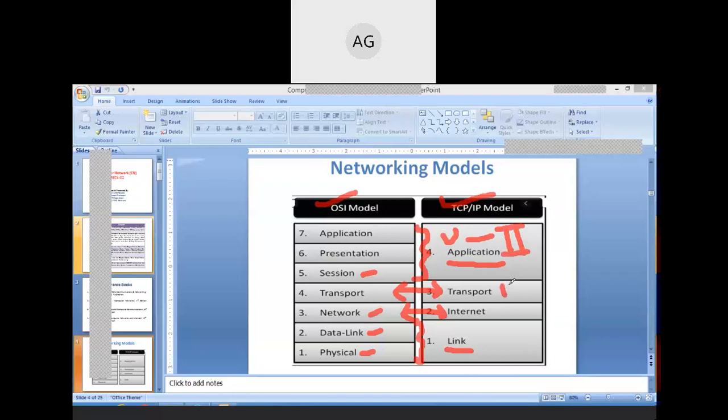In unit 3, we are going to study the transport layer. In unit 4, we will study the internet layer or the network layer, and in unit 5 we will study the link layer. So all the units are covered with the TCP/IP model layers.